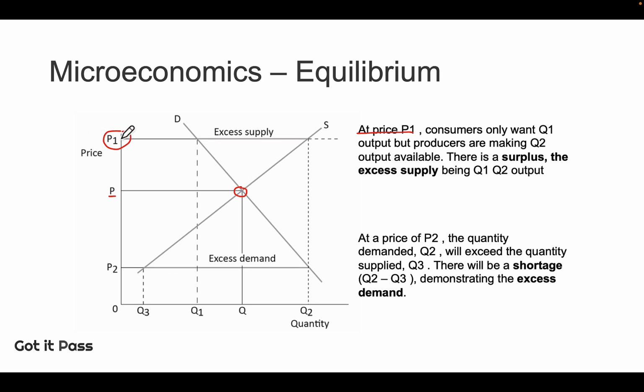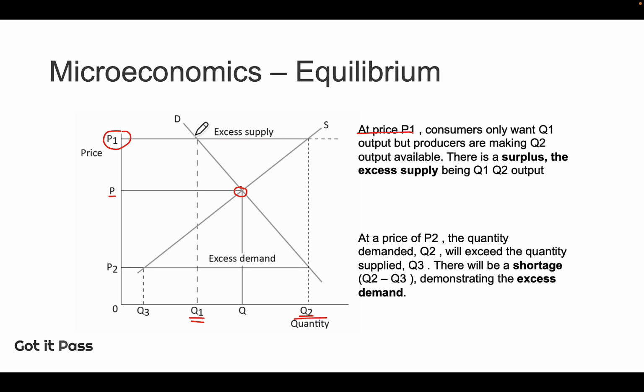At P1, the higher price, consumers only want Q1. The consumers only demand the goods at quantity level Q1. But producers, because of the higher price, are willing to produce more for the market. So here, the supplier is happy to produce up to Q2.